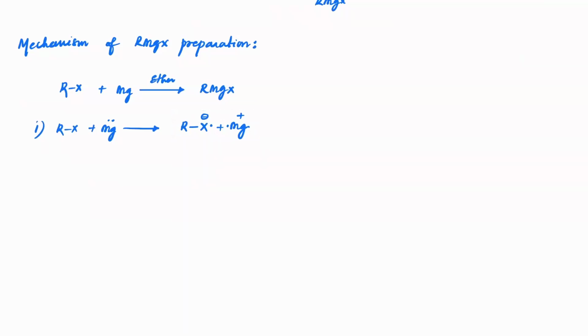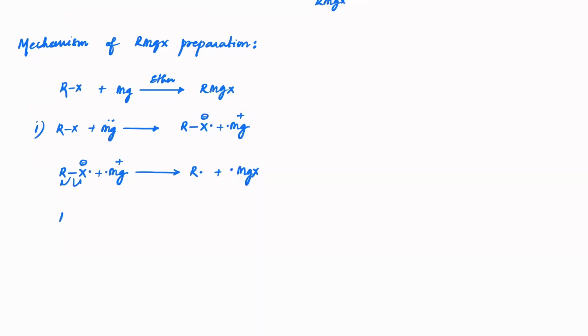And once you get that here, now you will notice that this will convert into a radical form and get R dot plus MgX dot, because this plus and minus will convert into MgX and that single electron will remain.